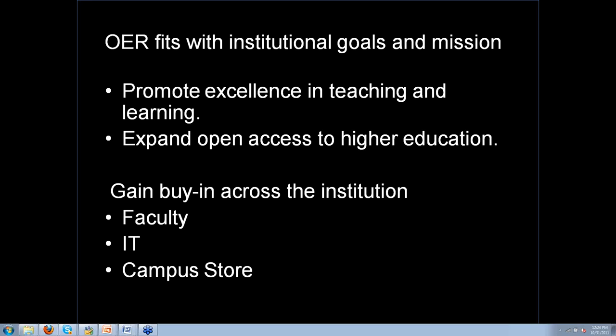And it's been very helpful as well to connect the idea of open content to the idea of improved teaching and learning. We know that the number one reason students who have registered for four classes one semester fail to return the next semester is the high cost of textbooks.